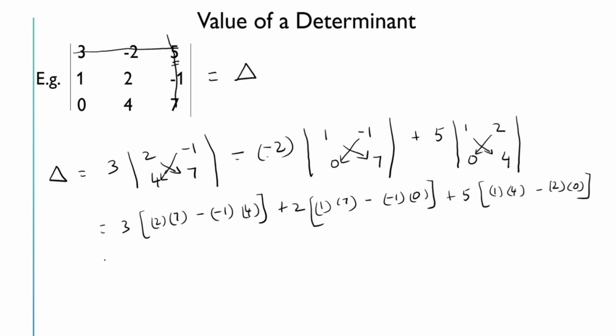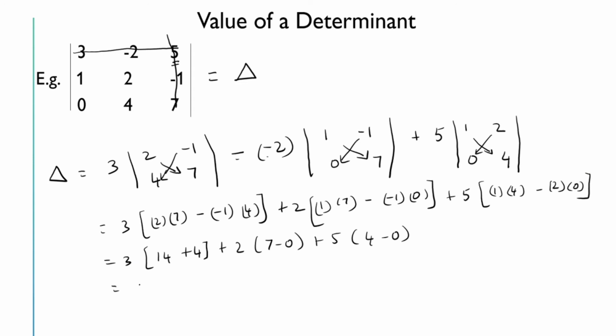So this is equal to 3 into 14 plus 4. Here 7 into 2 is 14, minus of minus plus 4, plus 2 into 7 minus 0 plus 5 into 4 minus 0. Here 1 into 0, 0 and here 2 into 0, 0.